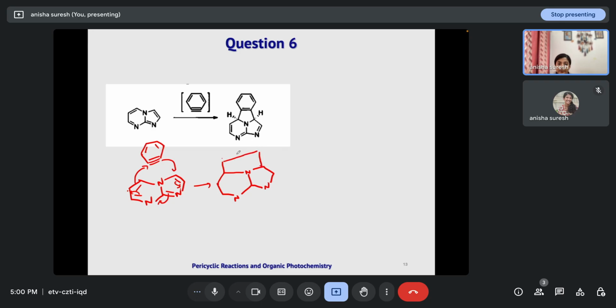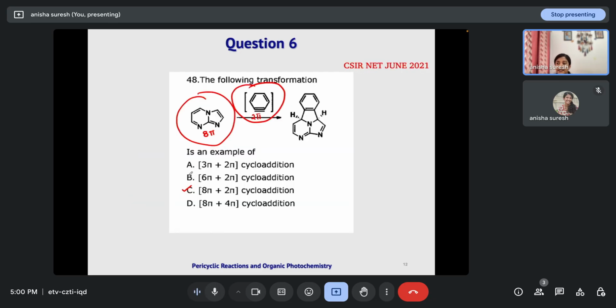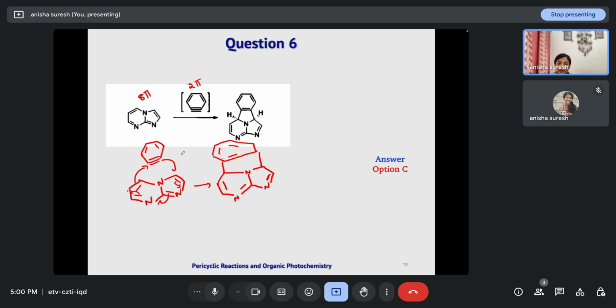Here the double bond will be shifting here, this double bond will be shifting here, and this double bond will be shifting here, resulting in the formation of the product. This is the 8 pi component and this is the 2 pi component, and it will undergo an 8 pi plus 2 pi cycloaddition reaction, resulting in the formation of the final product. So option C is the right answer for question number 6. Clear?